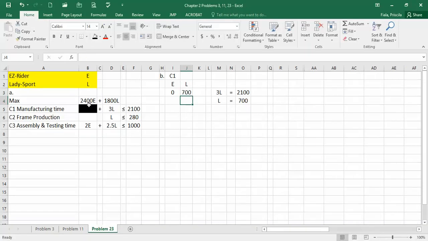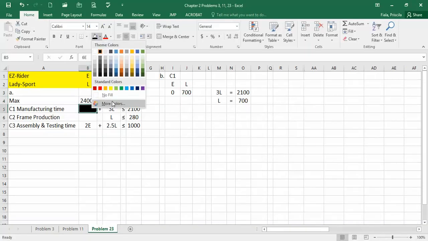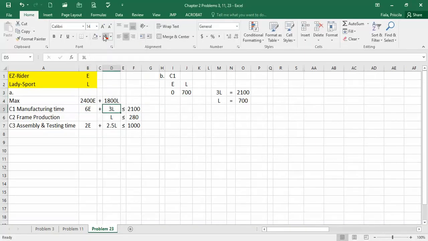Now we're going to set this one to 0. So 3 times 0 is 0, so I don't need that. Now we have 6. I'm going to continue on this side. We're going to have 6E equals 2100.